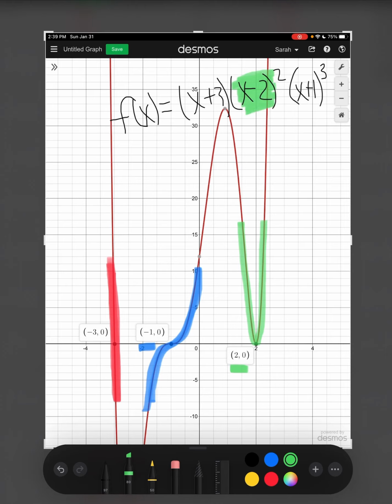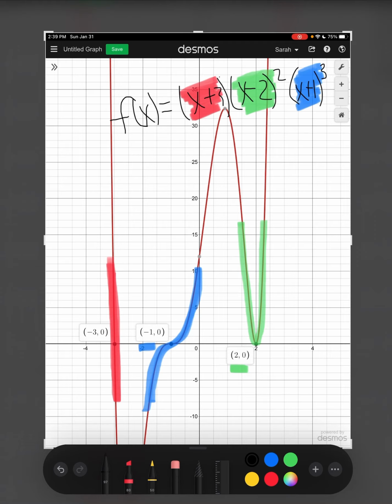So this is where we got our zero in green. This is where we got that part of the graph highlighted in blue. And this is where we got that part of the graph highlighted in red.